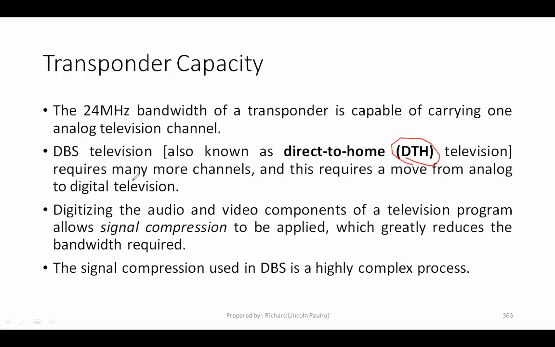Now this requires many more channels, and this requires a move from analog to digital television. So we cannot be in the analog mode, but we have to move to a digital mode. That is why most of our communications these days, I can say about 90% of our communication these days, happens in the digital format.